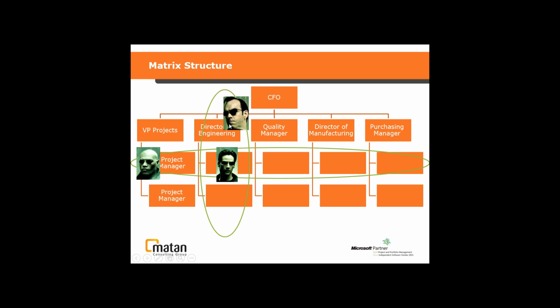My direct manager could be the project manager, or the direct manager could be the functional manager, and each one of them expects me to do certain things and to be professional in different things. So we get a lot of good when we work like this, but we also have some disadvantages, and we'll talk about that soon.